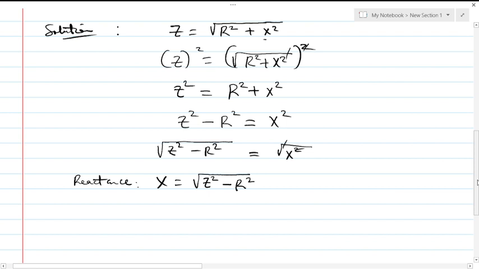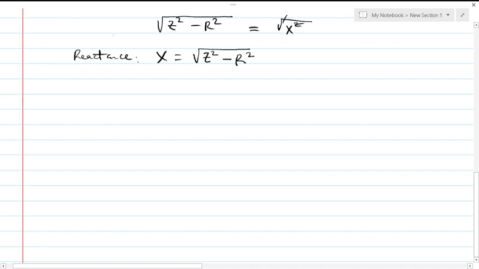All right, let me check another example. Let's move to example 3 for today. We are given that capital D over small d equals square root of f plus p over f minus p.